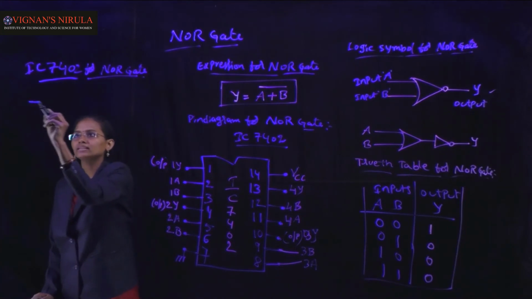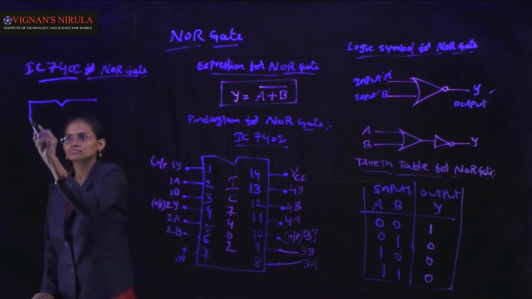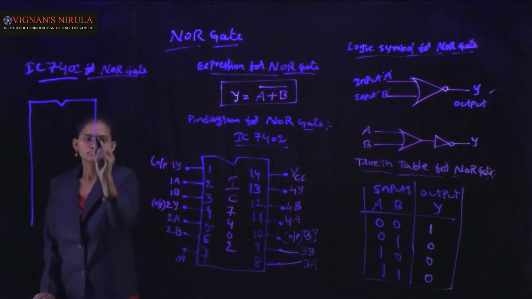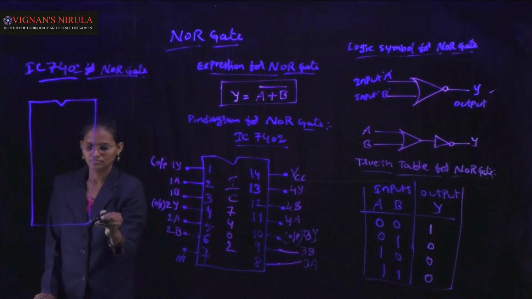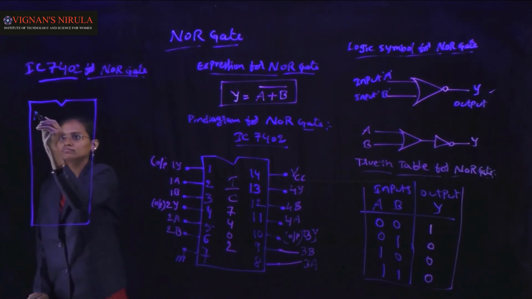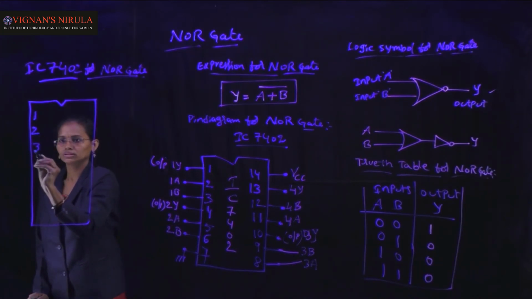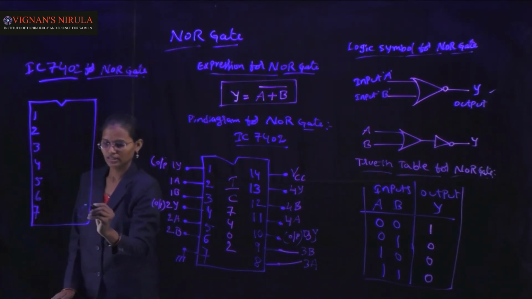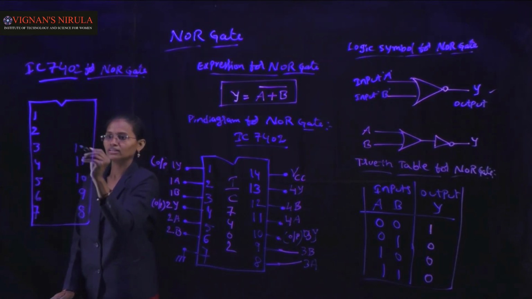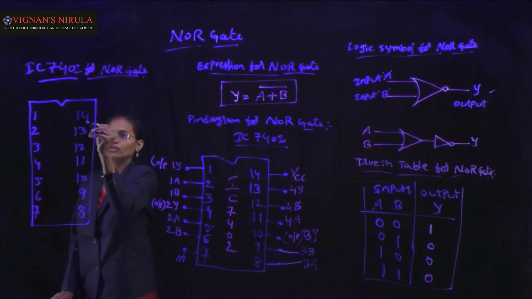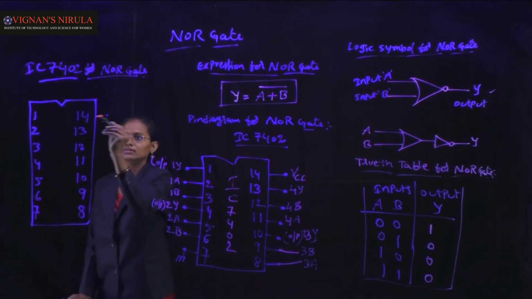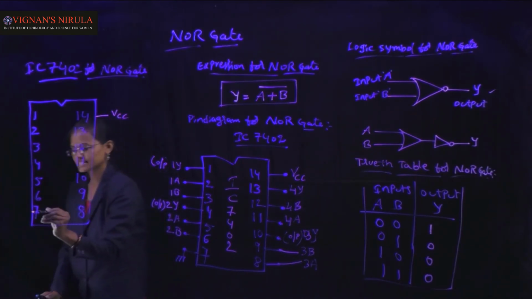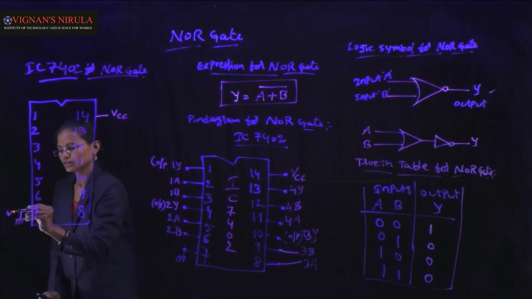Here 14 pins: 1, 2, 3, 4, 5, 6 and 7, 8, 9, 10, 11, 12, 13, 14. 14th pin is connected to the VCC and 7th pin is connected to the ground.